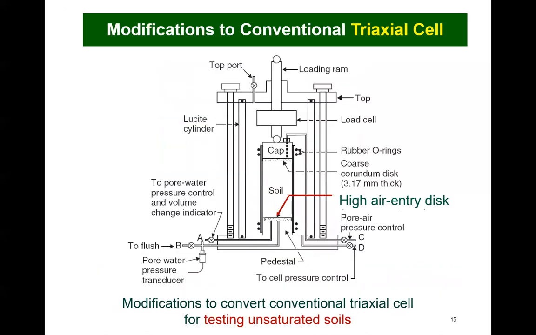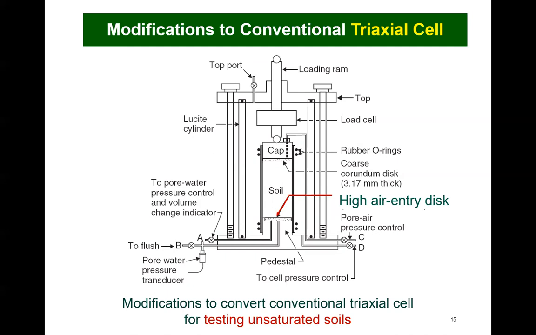There's one major change that needs to be made to a conventional triaxial cell when testing unsaturated soils. A high air entry disc must be placed onto the base pedestal and cemented around the perimeter. In this way, water must flow through the high air entry disc, thereby allowing a separation of the pore air pressure and the pore-water pressures.